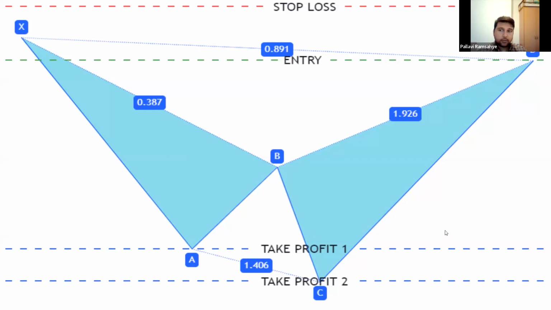Another question for everyone. Let's say, for example, price goes in our direction and we reach point A. So price has reached point A, but we haven't set point A as our take profit.